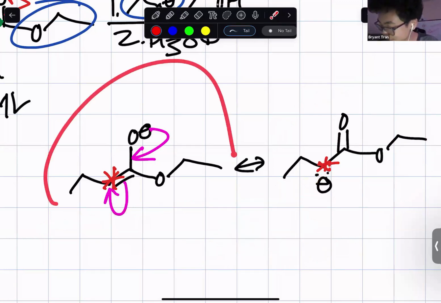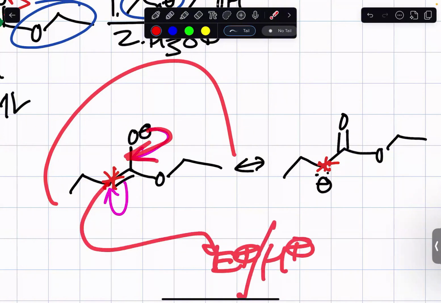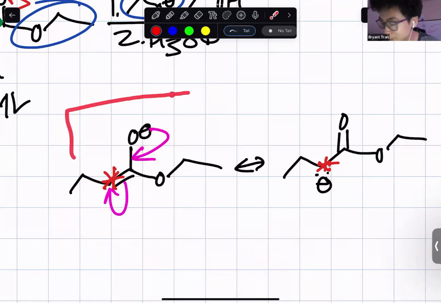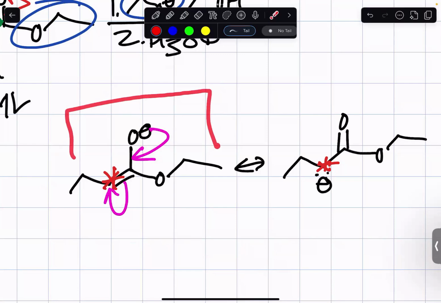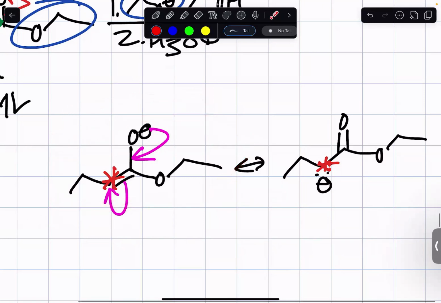If you use this resonance structure right here, you would have to draw two arrows. One to reform the carbonyl, and another one to attack the electrophile or acid. Okay. Right. But they're going to give the same exact product. They do the same exact thing, right? This one here is just a little bit more misleading. Yeah, but we would still have to show that one, right? Because that's what we formed from attacking the alpha hydrogen.